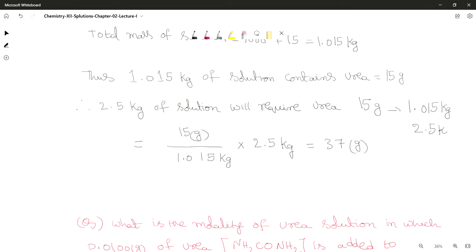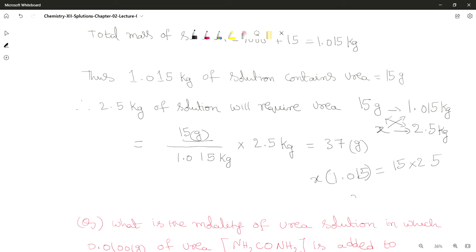So you know how much you need. X is what you had to calculate. You can use the cross multiplication method to do this. So X into 1.015 happens to be 15 into 2.5. So that's the calculation here.